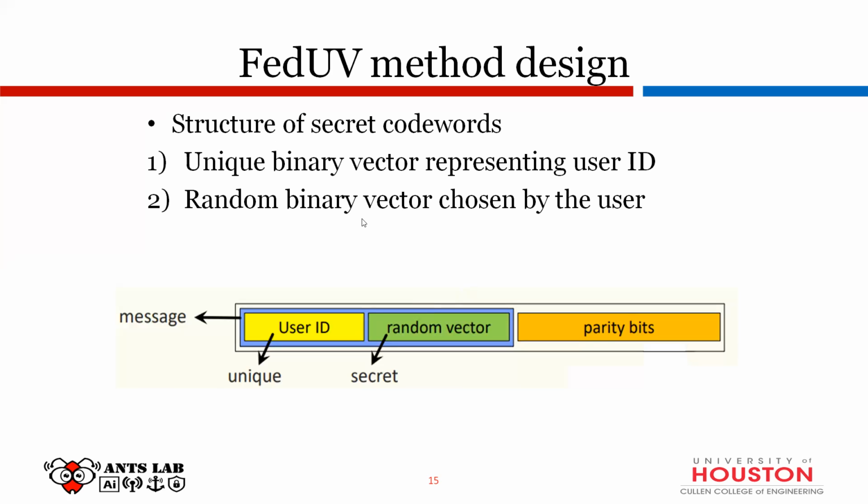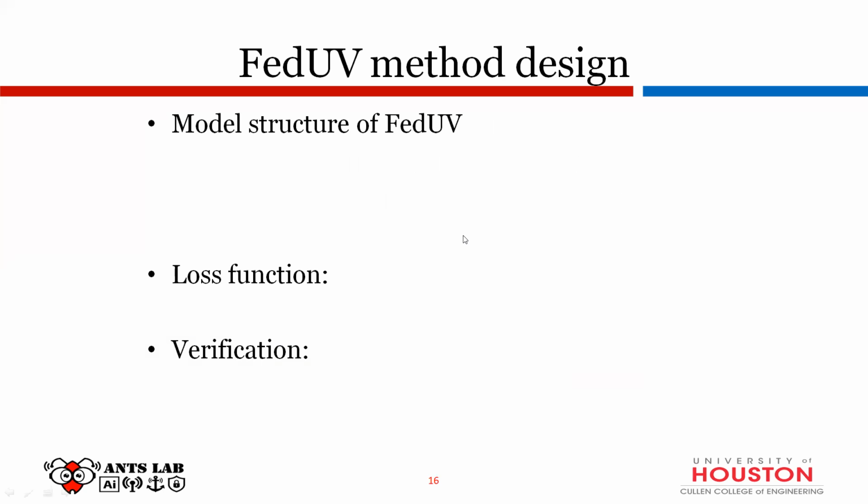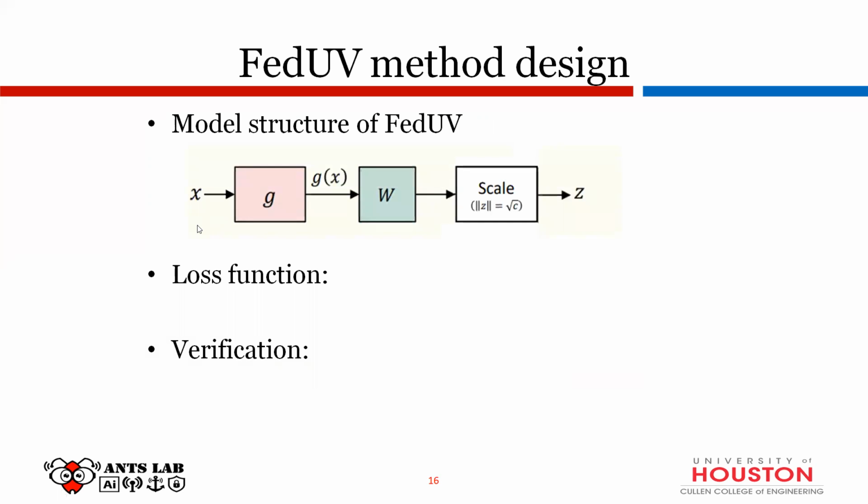All right, so this is the structure of their code words. Pretty much their model structure of this federated UV is the same as what we just talked about: we have this X going into G. GX is the data output, and W is the same as we mentioned before, the set of W that forms the secret embeddings.